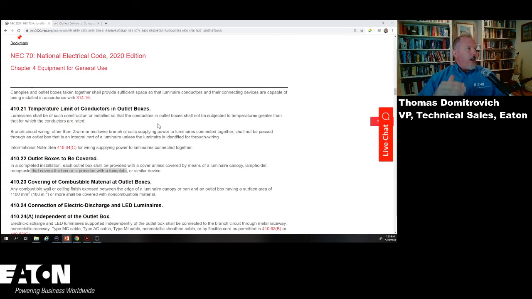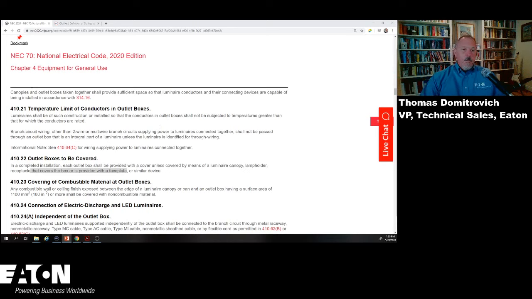Branch circuit wiring other than 2-wire or multi-wire branch circuits supplying power to luminaires connected together shall not be passed through an outlet box that is an integral part of a luminaire unless the luminaire is identified for through wiring. And then they have a reference to 410.64.